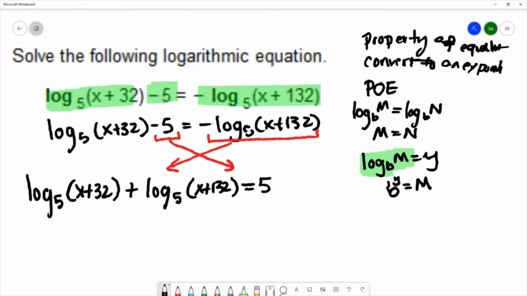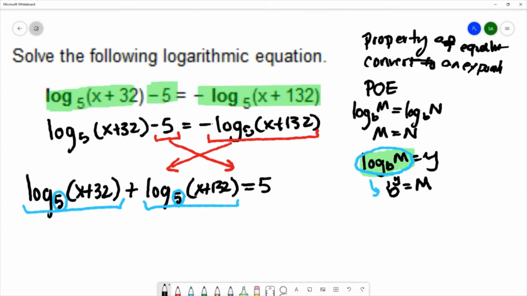So now I've got the logs on the same side, but I still need to make sure that we only have one log before we do our conversion. So I've got two logs, and I have some properties that allow me to condense logs of the same base. You can only use these properties when they have the same base.